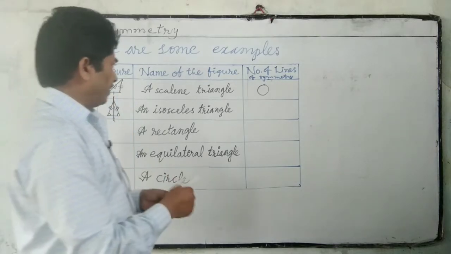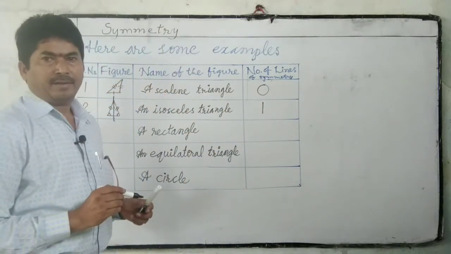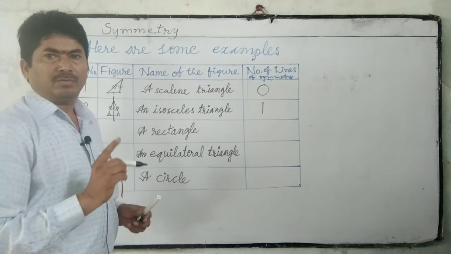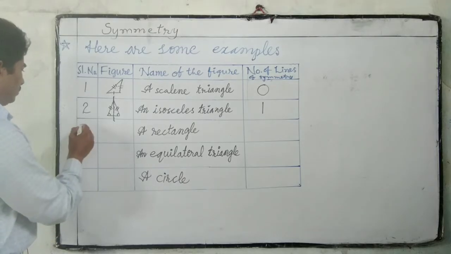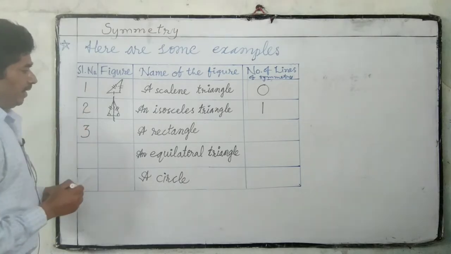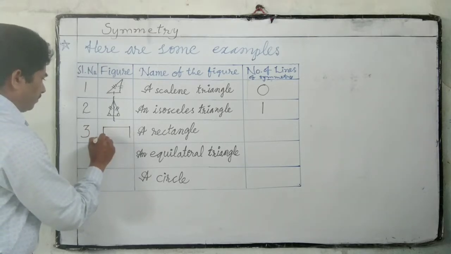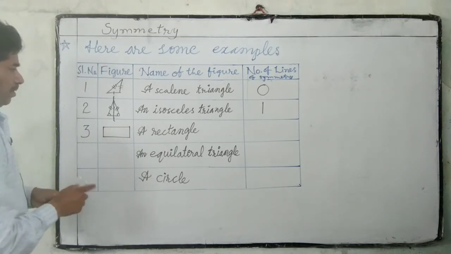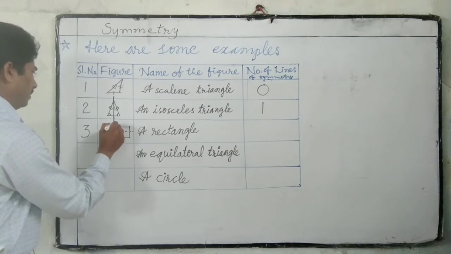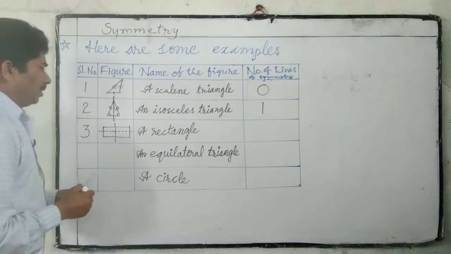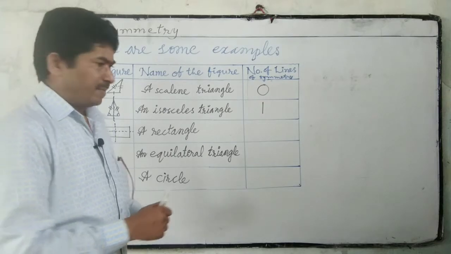So one line of symmetry. An isosceles triangle has one line of symmetry. Next, rectangle. A rectangle has two lines of symmetry.